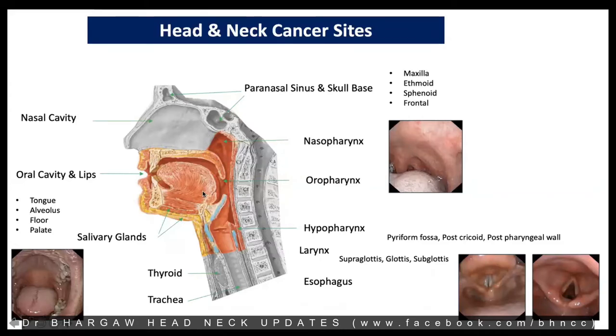So we need to keep in mind, whether we are a surgeon, radiation oncologist or speech and language pathologist, when we see a patient with head and neck cancer, we need to mentally see what other structures would be affected, much before they start the treatment.